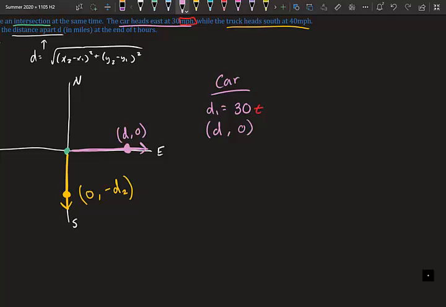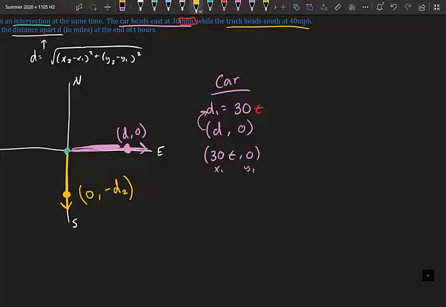Don't we know the distance? Isn't it some type of amount of time? Isn't it 30t, 0? Why am I allowed to do that? Because I know we're traveling for 30 miles per hour, which is 30 time. So D represents 30 time. So I travel this way for 30 miles an hour for who knows how long. Doesn't matter. And guess what? That's x1, y1. Awesome, right?